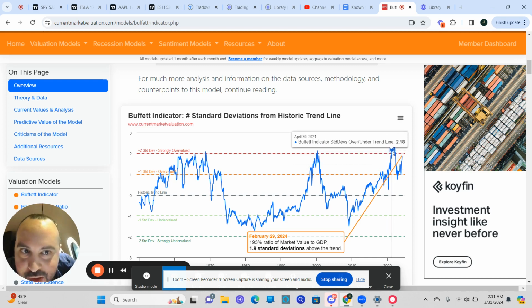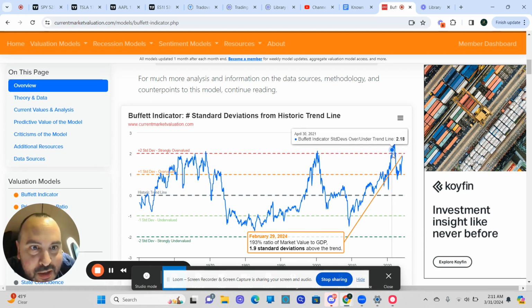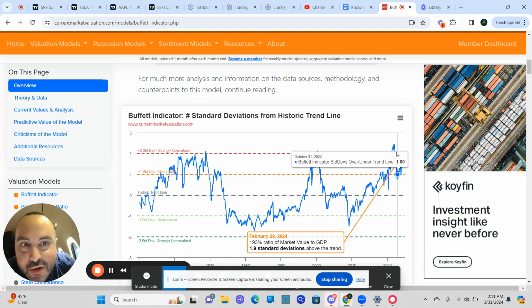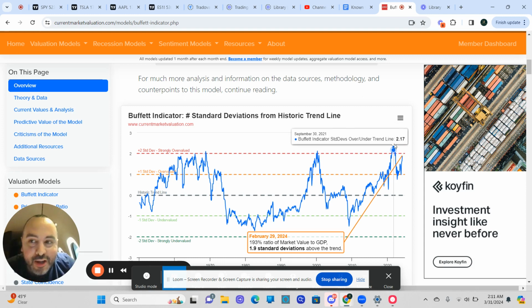And if you look here, guys, the reason we're not jumping in short right now is that it breached this line in February of 2021, and a whole year we traded overvalued. It wasn't until we actually made that turn. This is something I explain to my community members all the time: you want to wait until the move is actually made.